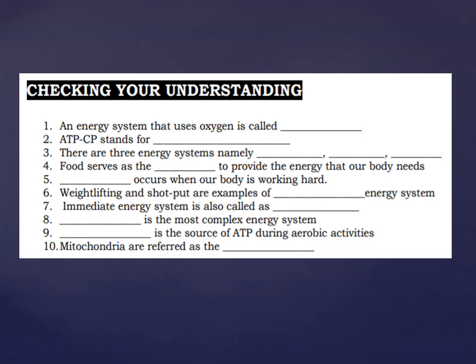Blank is the most complex energy system. 9. Blank is the source of ATP during aerobic activities. And number 10, mitochondria are referred to as the blank. Answer.